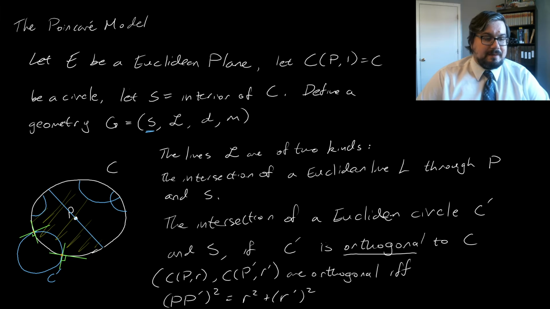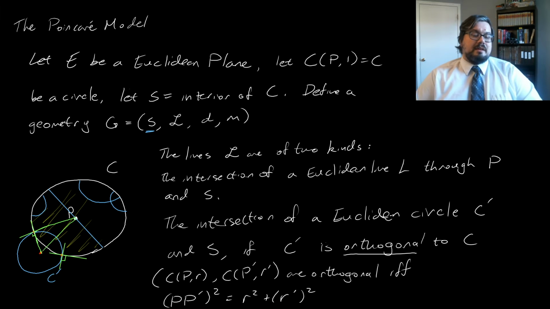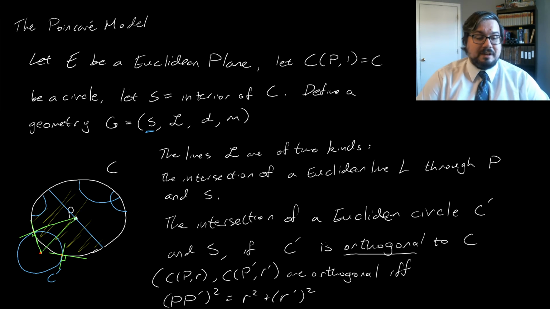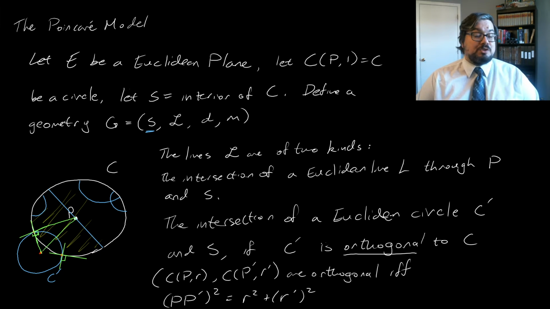So the picture here is that if the two circles are orthogonal to one another, then the tangent lines being orthogonal to one another means that the triangle that's created between the two centers of the circles and the point where they intersect one another is a right triangle.